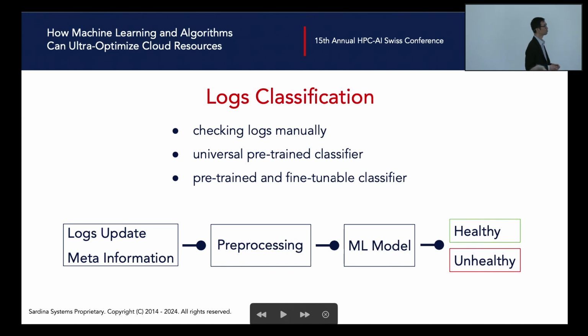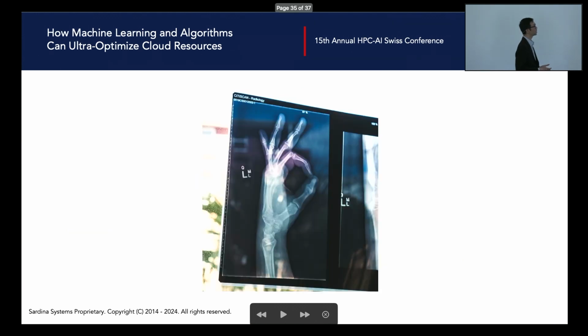We take logs and we figure out: is this looking like a picture of health, or is it looking like a picture of sickness? Now, imagine that we're talking about human health.